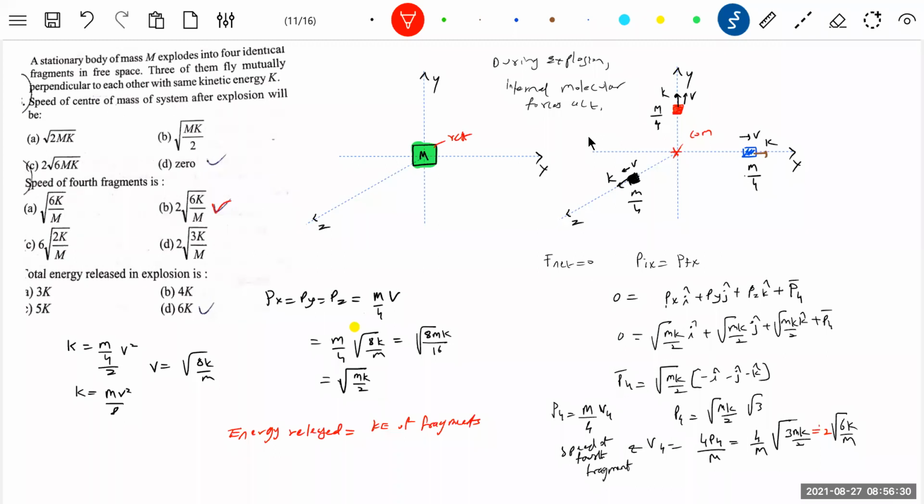Okay, now the kinetic energy of the fragments. What is the kinetic energy of the fragments? The three fragments fly perpendicular to each other with the same kinetic energy. Okay, K plus K plus K. The fourth one is K4. How do we calculate the kinetic energy of the fourth fragment? We have the velocity. Half m v4 square, where the mass of the particle is m by 4. Then we know the speed v4.